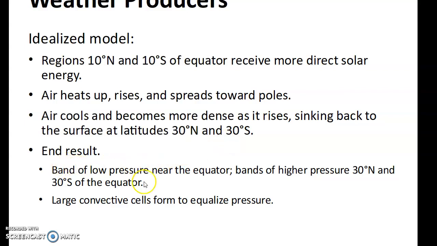So there are bands of low pressure near the equator and bands of high pressure, and this is the region of those trade winds that we talked about before. And once you get above these, you've hit sort of a null zone, above this one and below this one. You get the null zones where the horse latitudes are.